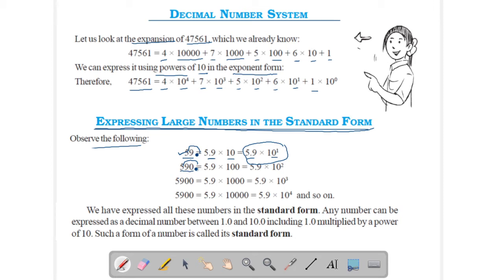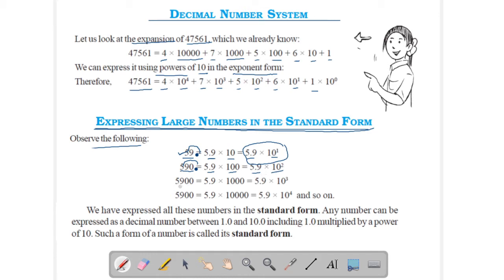So this can be written as 5.9 into 100. It can be written as 10 raised to power 2, because it has two zeros. Therefore 590 can be written as 5.9 into 10 raised to power 2. This is the standard form.